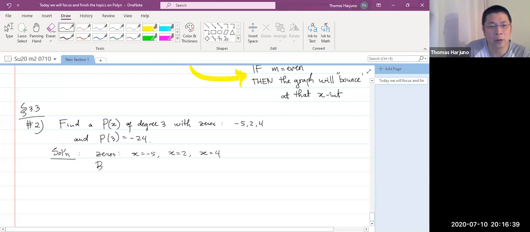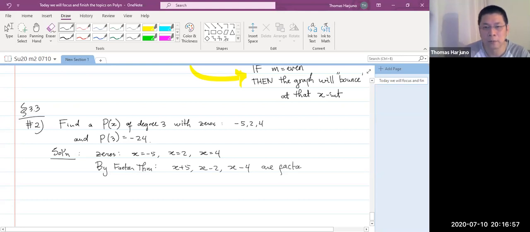Then by the factor theorem, x plus 5, x minus 2, x minus 4 are factors of P(x). In other words, P(x) equals some coefficient times (x plus 5)(x minus 2)(x minus 4).